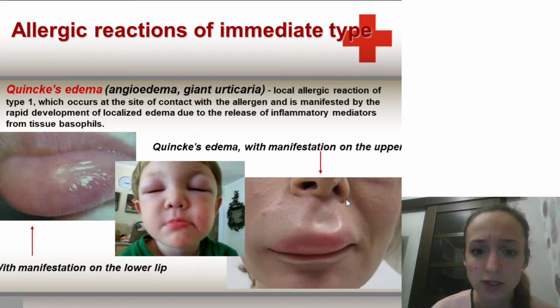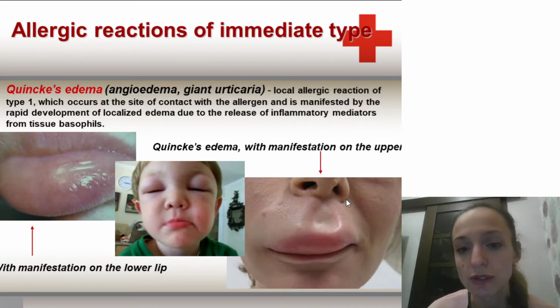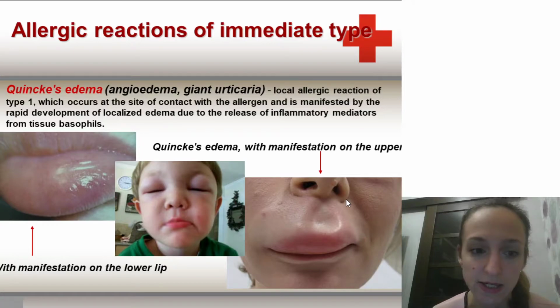So, angioedema or Quincke's edema is a local allergic reaction of type 1. It is a very quick reaction. This reaction occurs at the site of contact with the allergen and is manifested by the rapid development of localized edema due to the release of inflammatory mediators from tissue basophils.